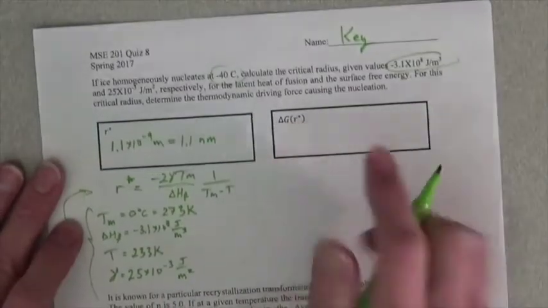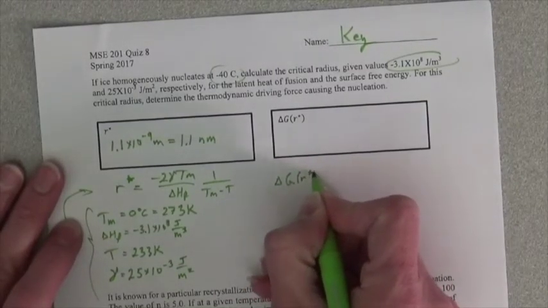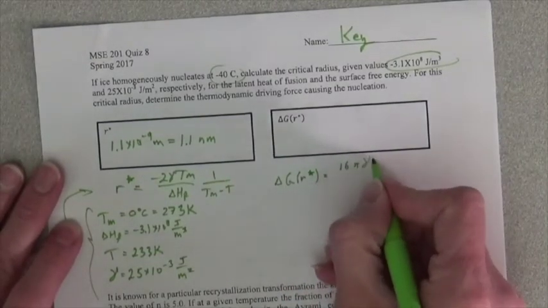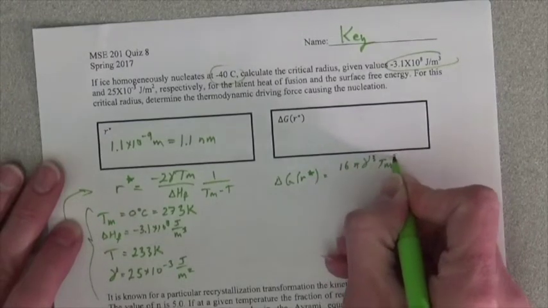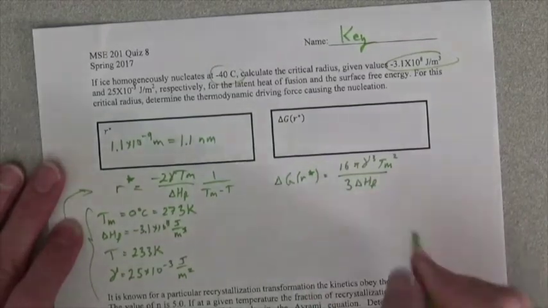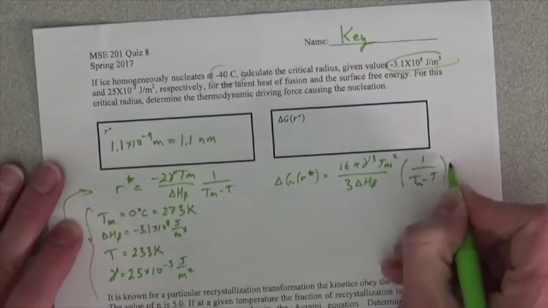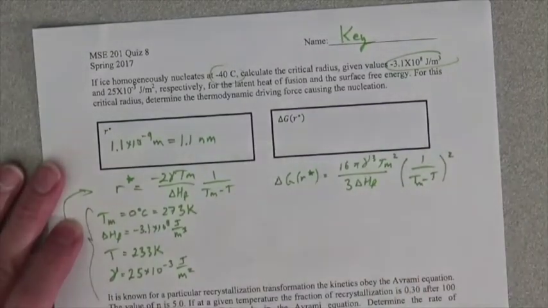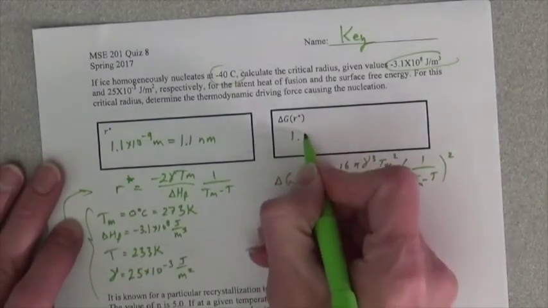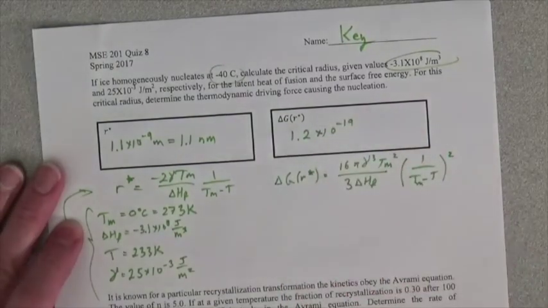Going to delta G of R star, delta G R star is equal to 16 pi gamma cubed Tm squared over 3 delta H of formation squared, times 1 over Tm minus T squared. Substituting into this gives us 1.2 times 10 to the minus 19.